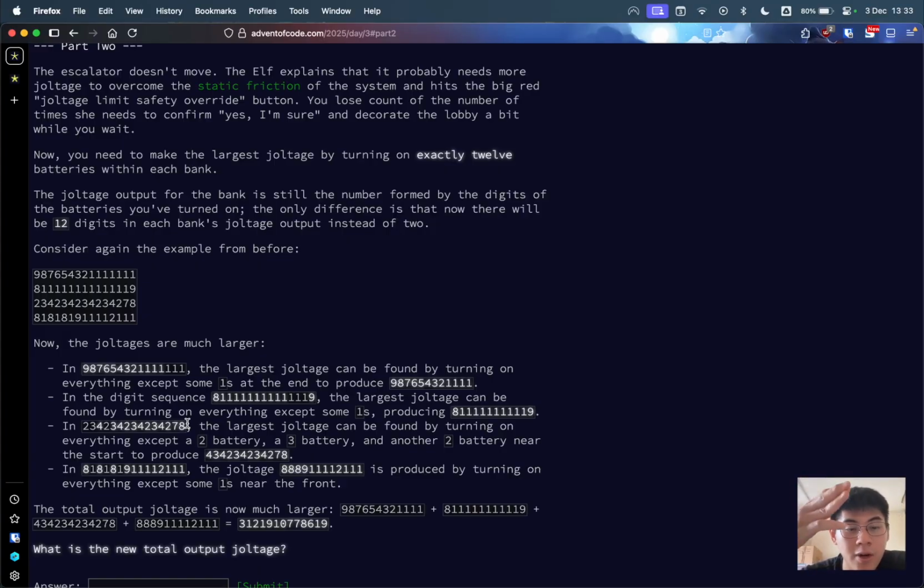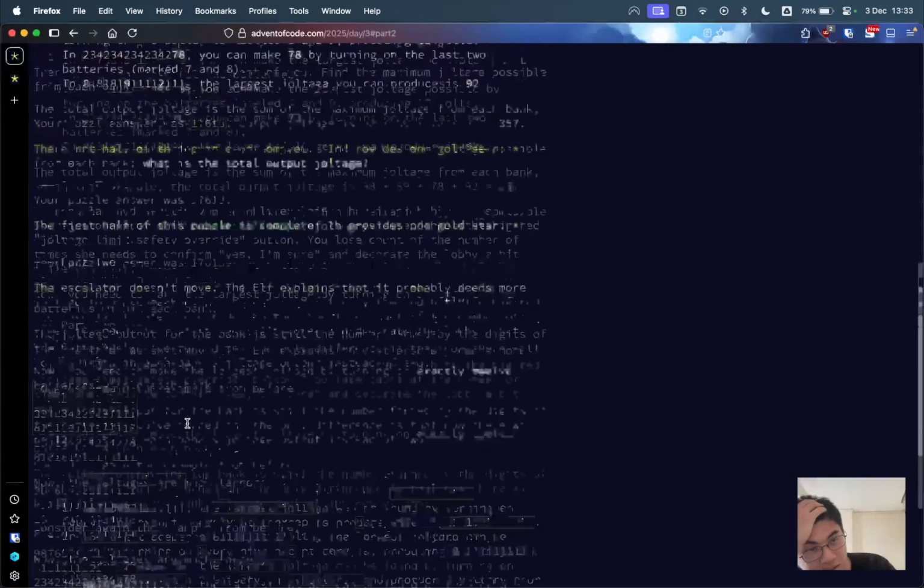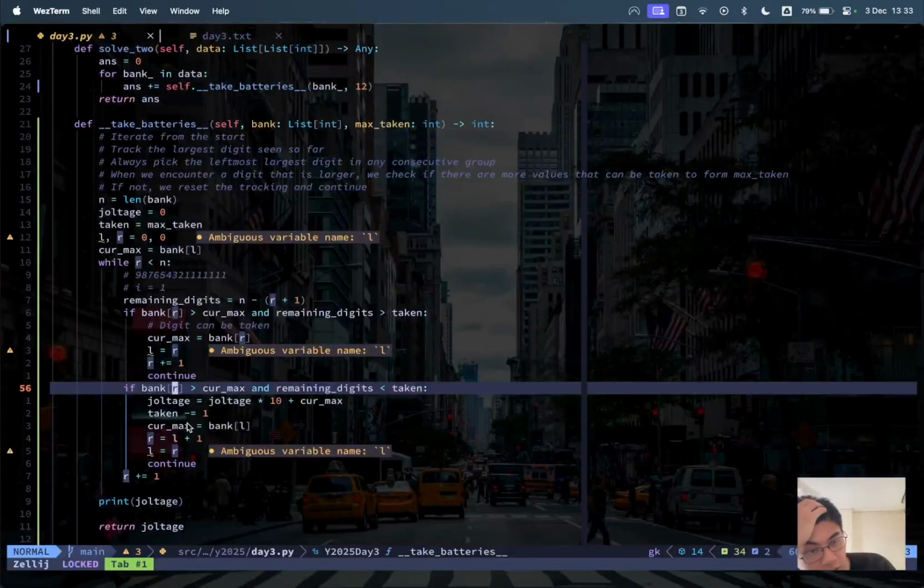As long as the next digit isn't greater than the current digit, we don't take it. But if I do encounter a point where I have taken some number of these digits already and I have nothing left, then I will fail. That is kind of my suspicion, although I am kind of doubtful that this could work.